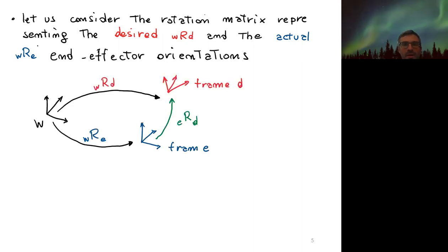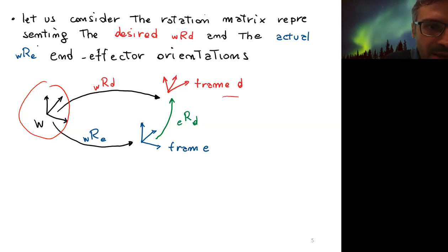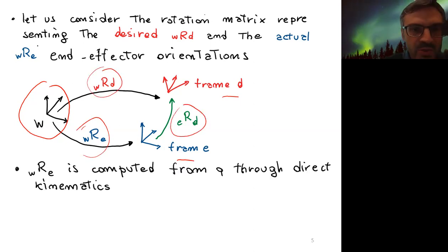And if we want to visualize, this is the inertial frame, and these are the D frame and the actual frame, the actual orientation and desired orientation. So to get the relative orientation between the end effector frame and the desired frame, we apply what we learned, the composition of rotation matrices.